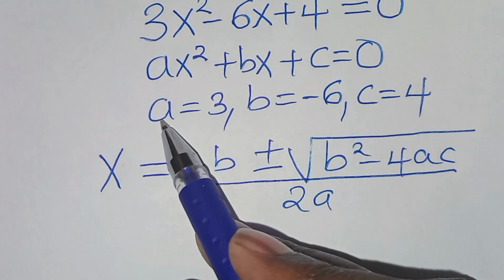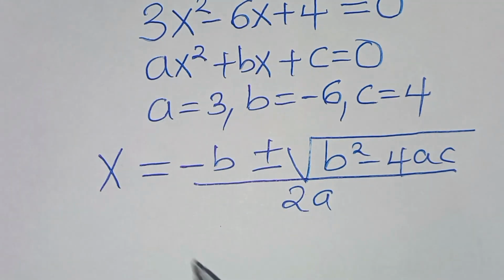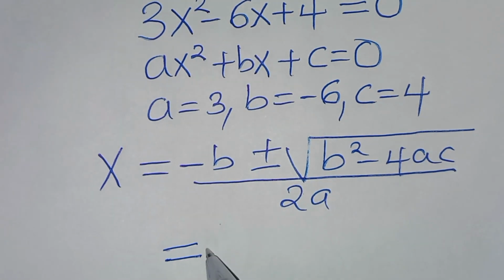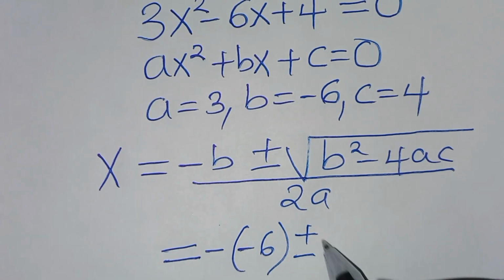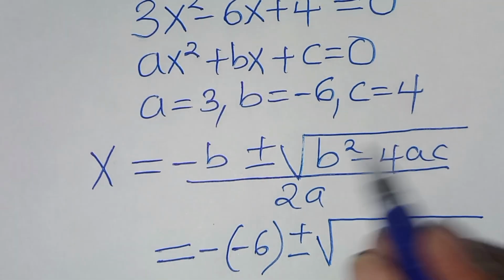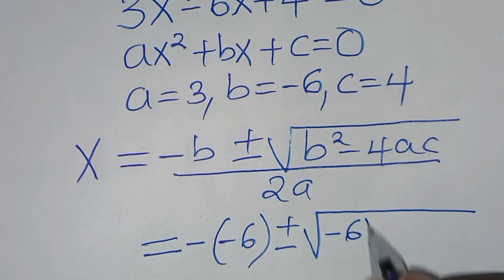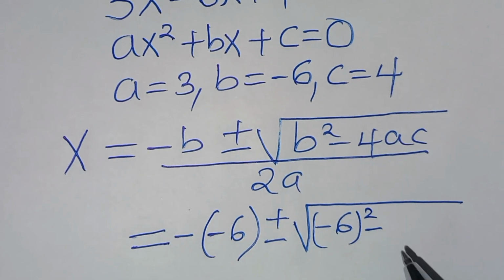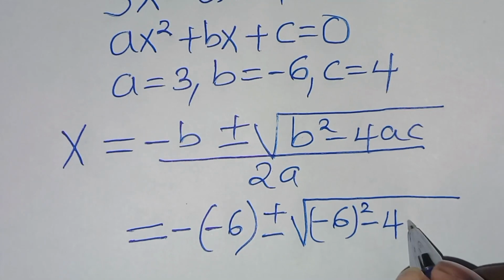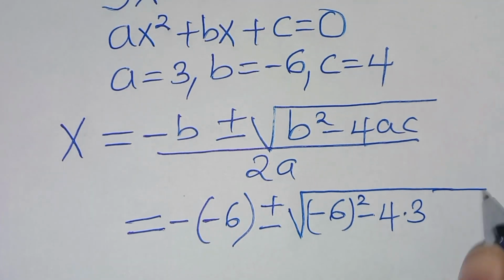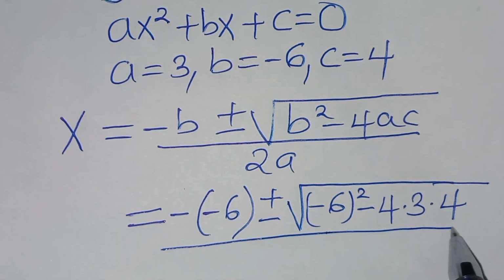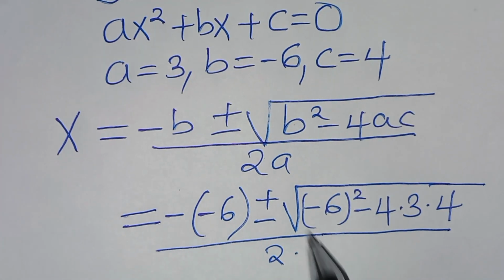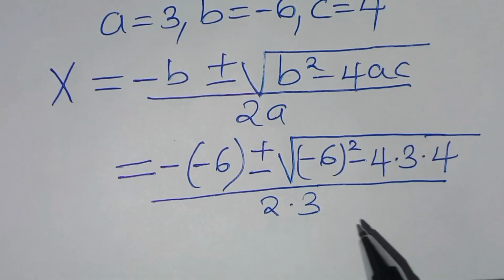Let's substitute the values of a, b, and c from here, so that now we have minus 6 plus or minus the square root of b squared, this is minus 6 squared, minus, this is 4 times a, which is 3, then times c, which is 4, everything here divided by 2 times a, which is 3.